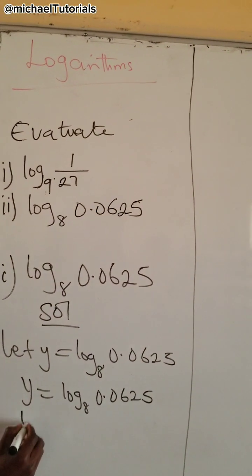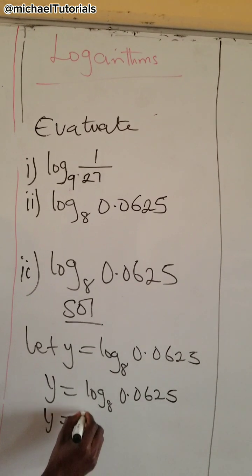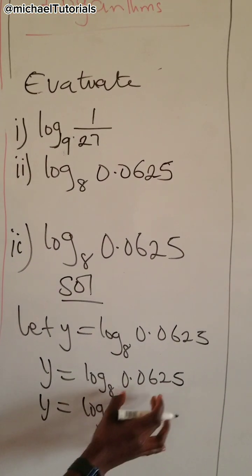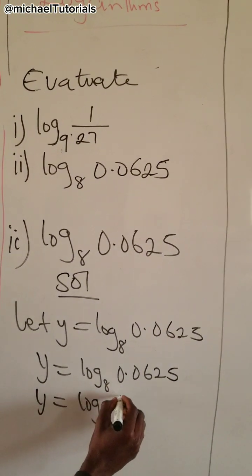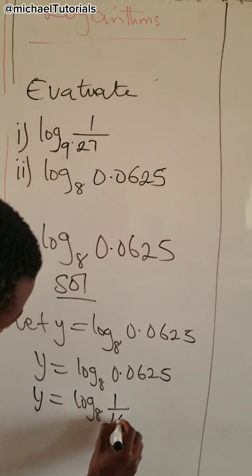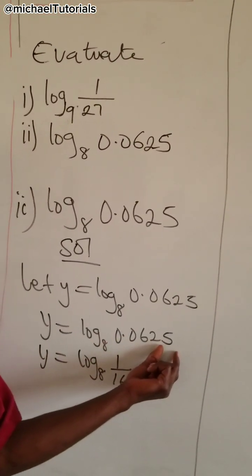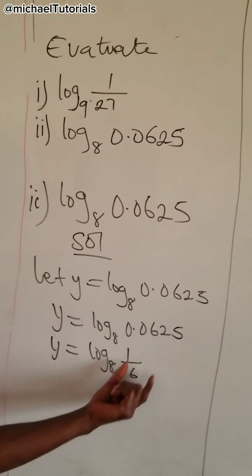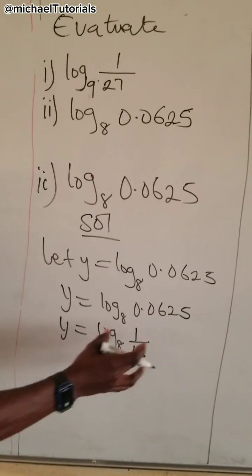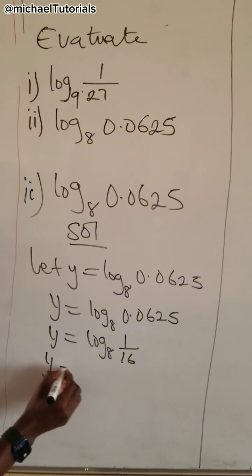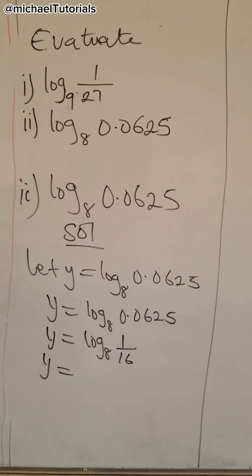That will be y is equal to log base 8 of, in fraction, 1 over 16. If we divide 1 by 16, this is exactly what you are going to have. You can do that on your own. Now we have y is equal to log base 8 of 1 divided by 16.